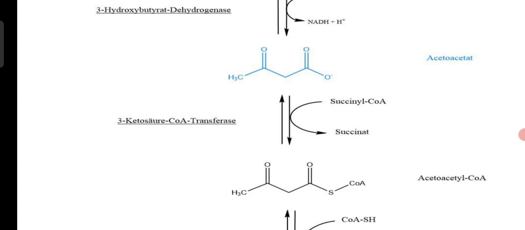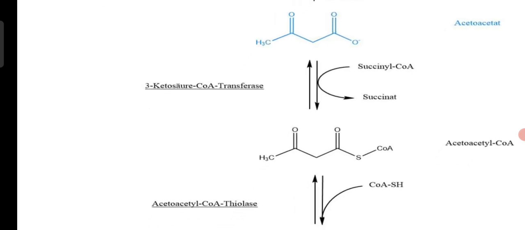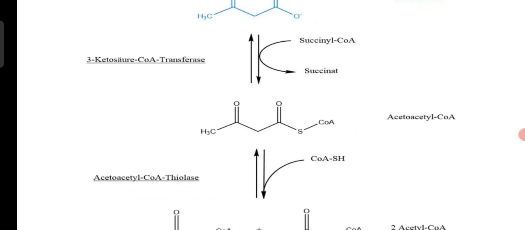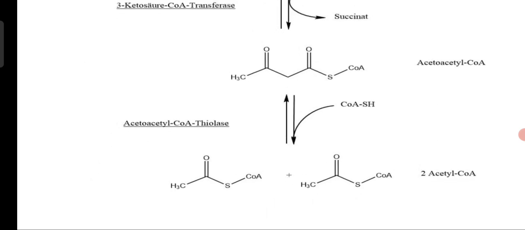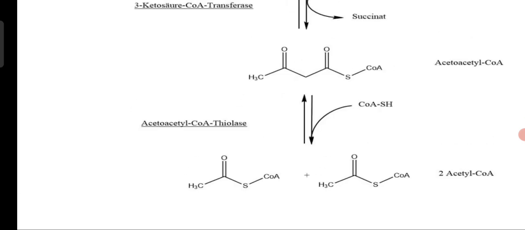And again this acetoacetate is reacting with 3-ketoacyl-CoA transferase, and we are getting acetoacetyl CoA. In between, succinyl CoA is converted into succinate. And this acetoacetyl CoA will react with thiolase, also with coenzyme A, and we are getting 2 acetyl CoA.